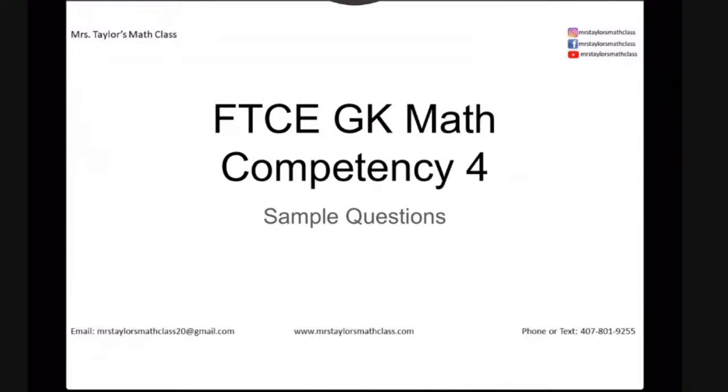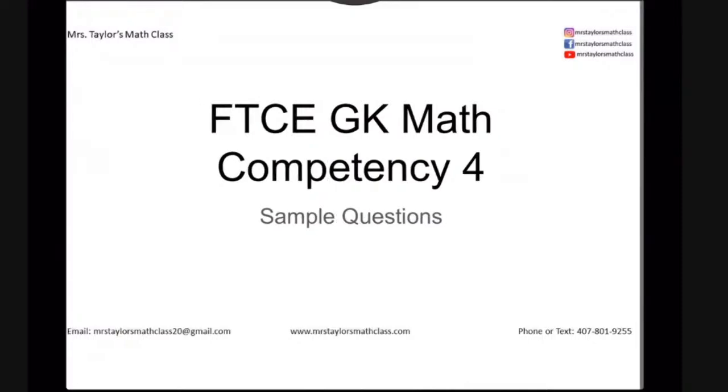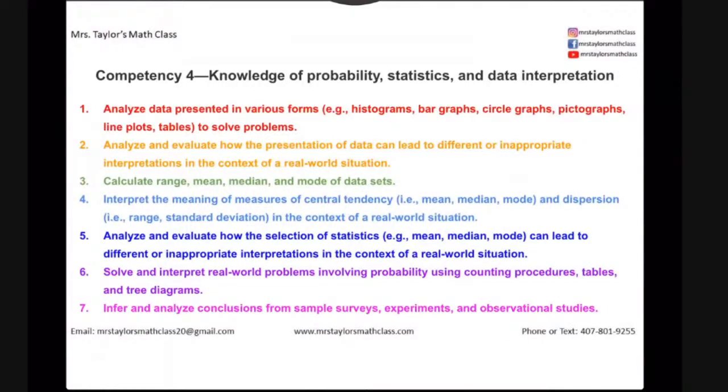Okay, so let's get started. Before we get into any of the questions, Competency 4 has a lot of standards that they are going to test you on, but this seems to be the one competency that most people do well on. You're able to read a graph and calculate the mean, the median, the mode, and the range, and do some probability.